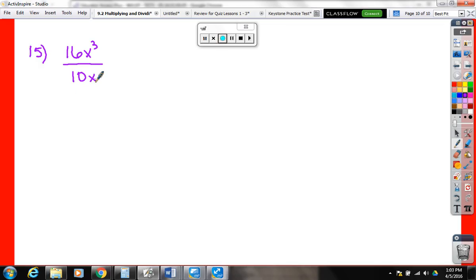Good job, Cameron. We have x to the third up here, and then this would be x to the 1, so we have to take 3 minus 1. X to the second. Good. And do we need to move anything around? No. Okay. Let's also do 16, because there's something a little different about 16.